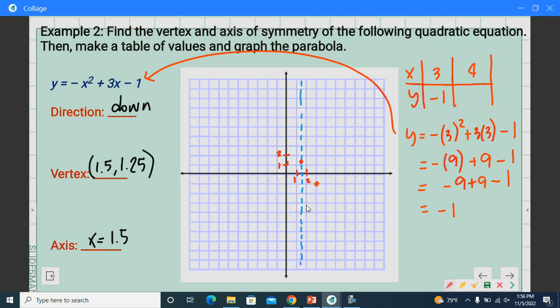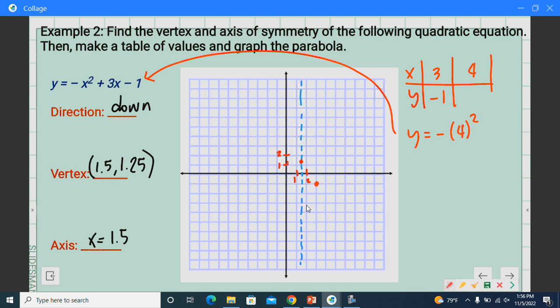Now, if our x is 4, so that would be y is equal to negative x squared plus 3x minus 1. So that would give us what? Negative 16 plus, oh, I'm sorry, okay, that is y is equal to negative 4 squared plus 3 times 4 minus 1.